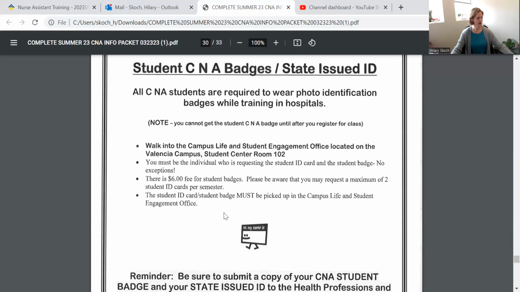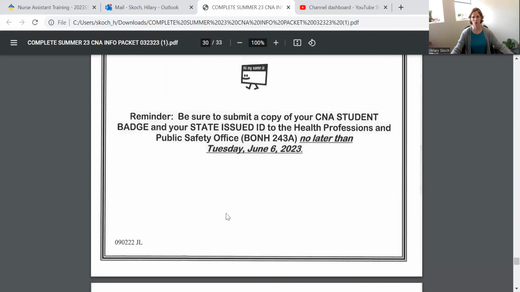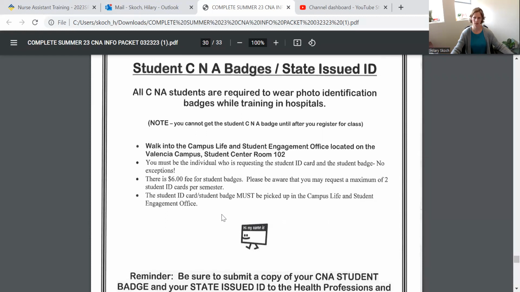It has to say CNA student. It's not okay if it says COC student. You will wear this badge at eye level during lecture class and at clinical sites. If you do not have your badge, you will be sent home.